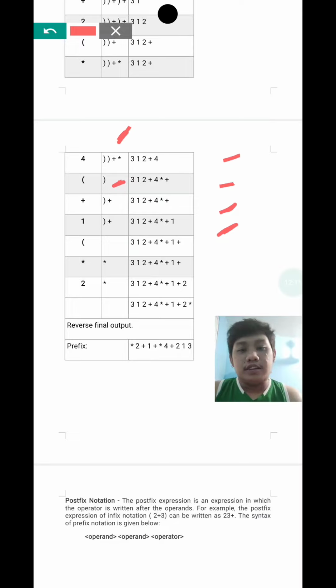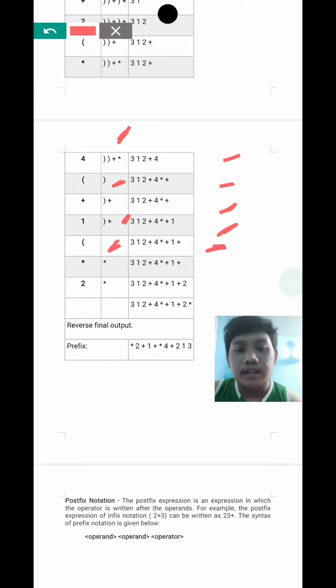Next, another opening parenthesis. It will pop from our stack if it encounters a closing parenthesis. In our stack there is none, so our plus sign is appended to our output, so it becomes 312 plus 4 times plus 1 plus here.